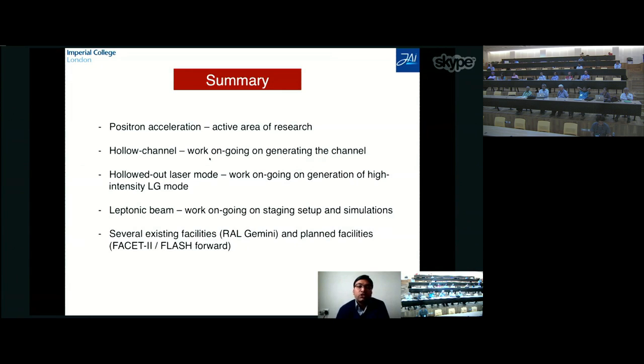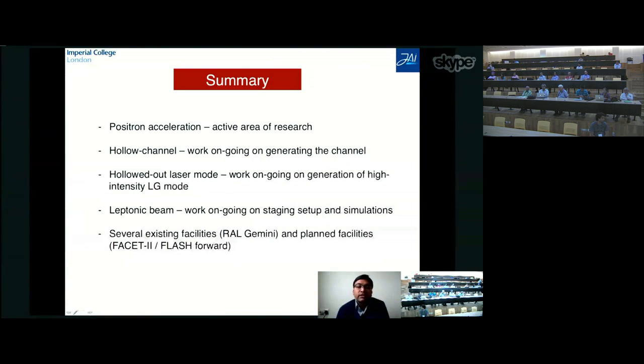It's easy to generate a homogeneous plasma over several centimeters, several tens of centimeters, but it's hard to generate a corresponding hollow channel. The other work which is going on, on hollowed out laser modes, is on generating these hollowed out laser modes at high intensities.